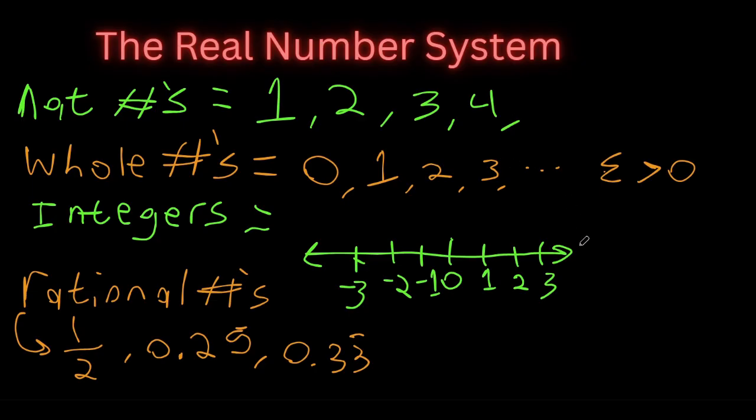And then when we go to level 3, it contains everything in level 2 and some more, all the negative numbers. And now when we go on to rational numbers, it contains everything within level 3 and more. And all of this is contained within the real number system.